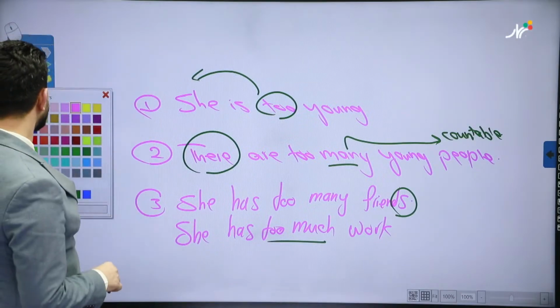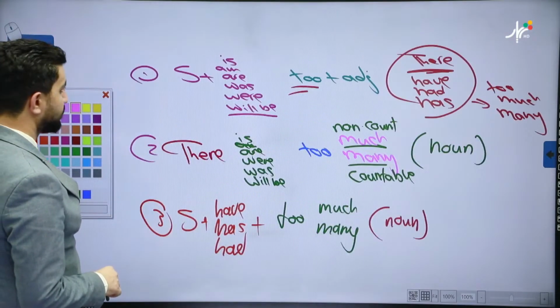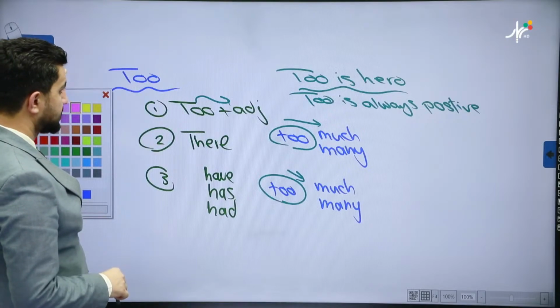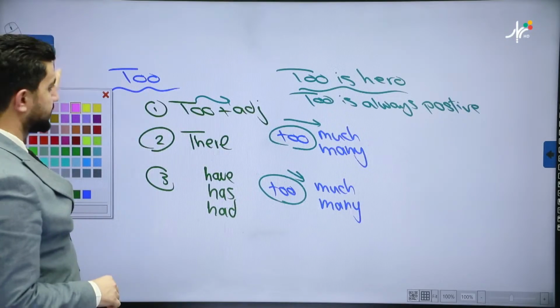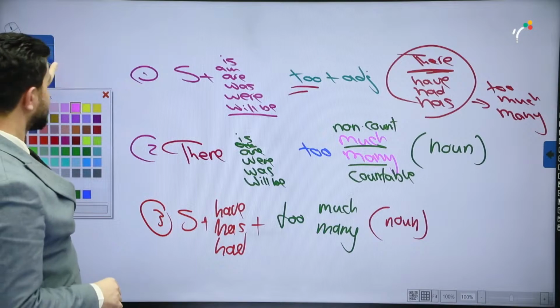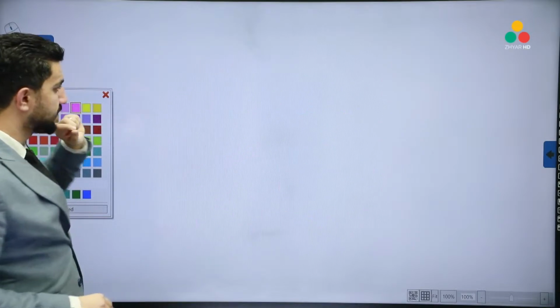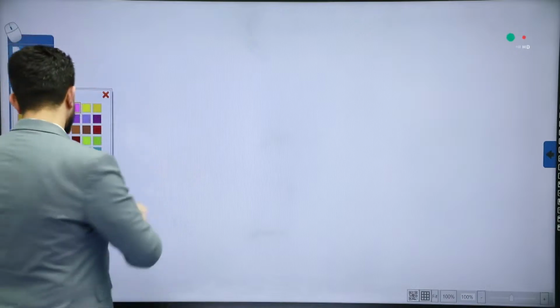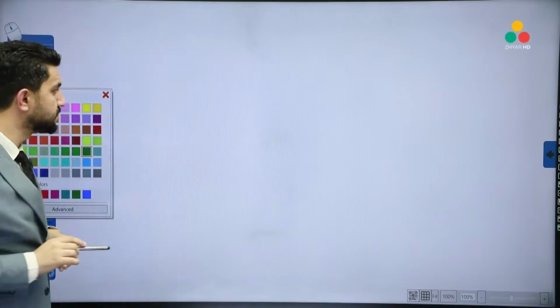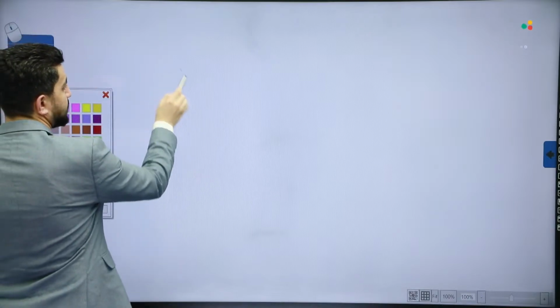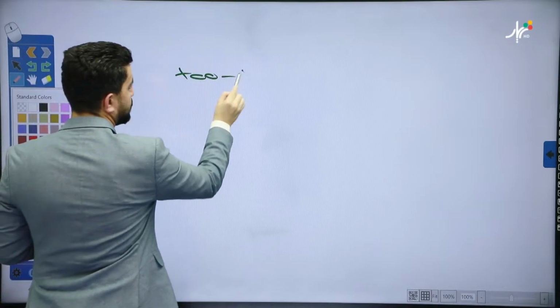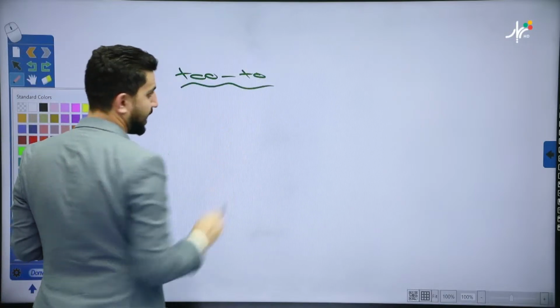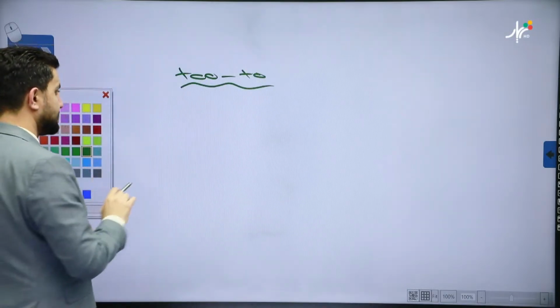Let's come back to this point. Or let's write down something new here. We said too, and enough to. We'll still be talking about too. Look, we say too, okay? Don't forget. The rule is like this.